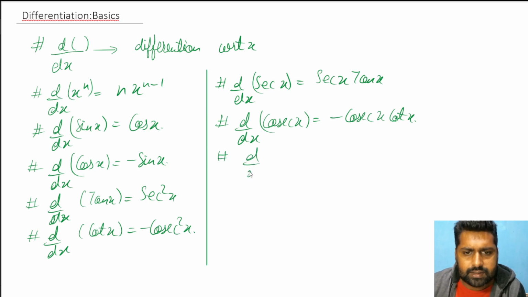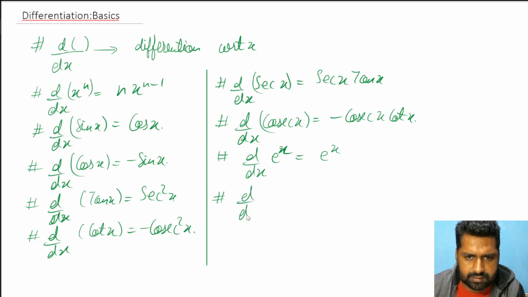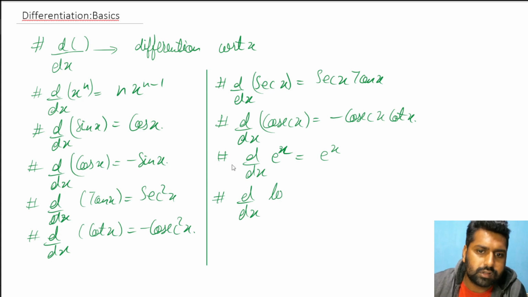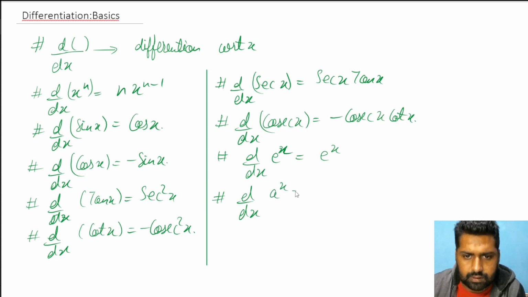Then d by dx of e raised to power x is e raised to power x. Then d by dx of a raised to power x is a raised to power x into log a.